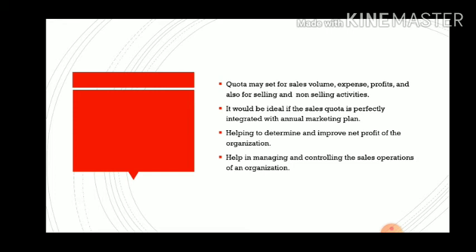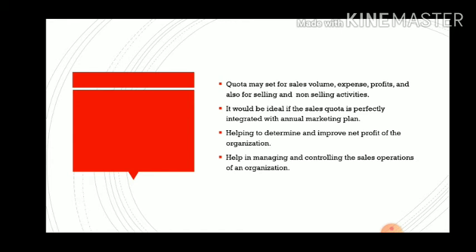Now another point is that sales quota decisions and management always help a firm to determine and control its net profit. Everyone knows that every sales activity in an organization is generating a profit. Every sales transaction is giving a profit to the organization. Now, based on the estimation and forecast of sales of a particular operational year, every company can have an understanding about the net profit which they can earn from that year.